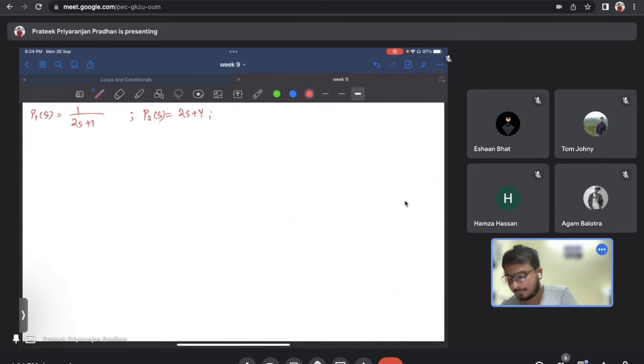So the angle at omega equal to omega c will be fairly straightforward. Tan inverse of 2 into omega c, which is 2, divided by 4, which is equal to tan inverse of 1, which is equal to 45 degree.